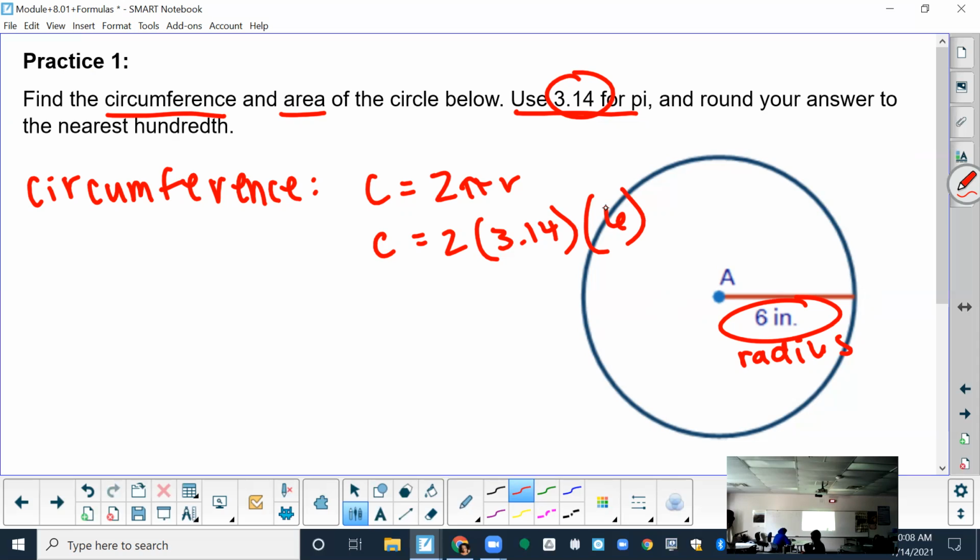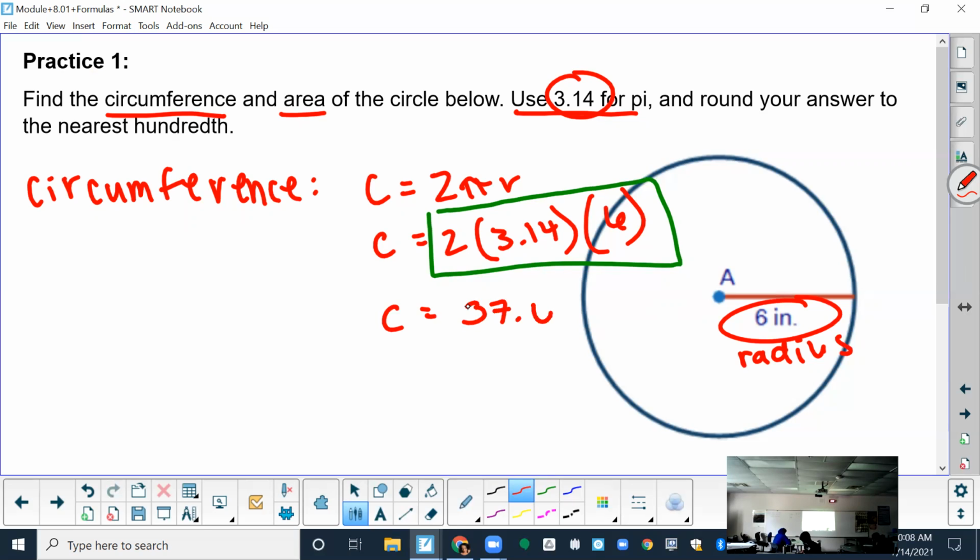You can just enter it in your calculator exactly how it looks right here. And if you put it in the calculator the right way, you should get 37.68 inches.